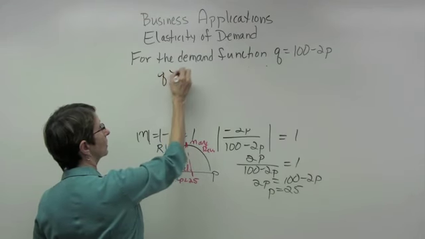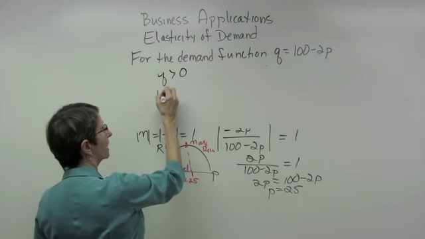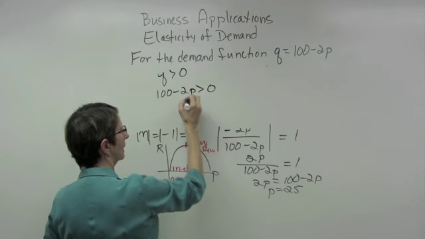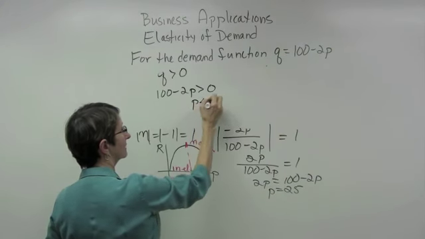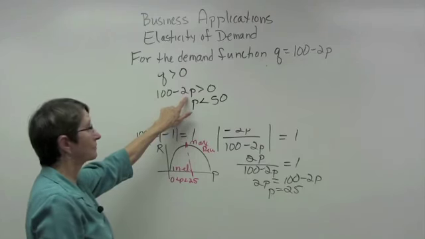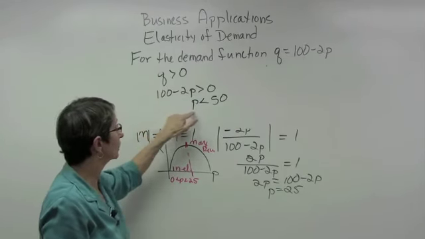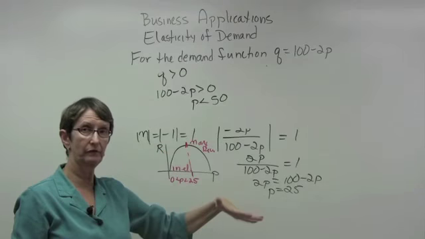Q greater than 0 means 100 minus 2P is greater than 0, which means P is less than 50. 2 times 50 is 100, and if I have any numbers less than that, 100 is bigger. So my P values only go up to 50.